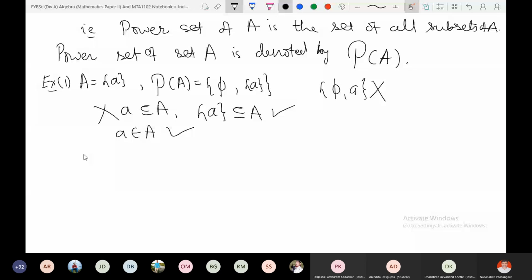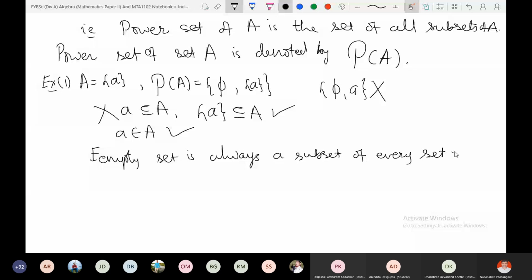So the empty set is always a subset of every set, no doubt.